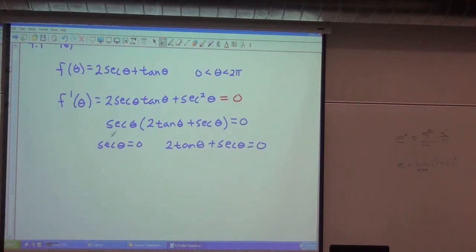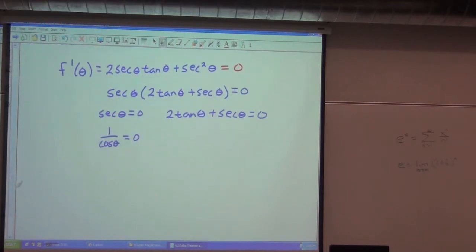But see now, secant equals 0. Secant is 1 over cosine, so that could never equal 0, could it? But we also want to know where it is undefined, right? Where the first derivative is undefined is a critical number. So that tells us it's undefined when cosine is 0.